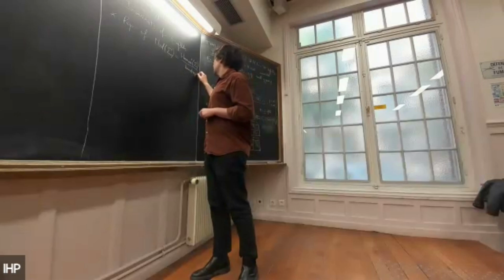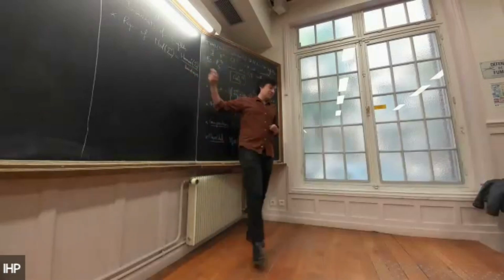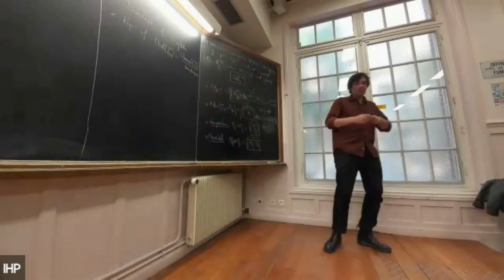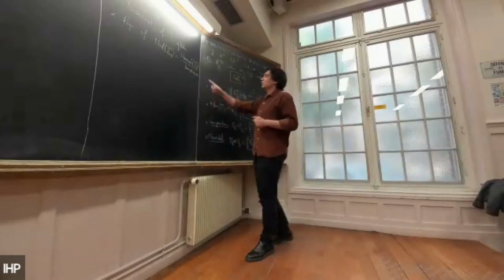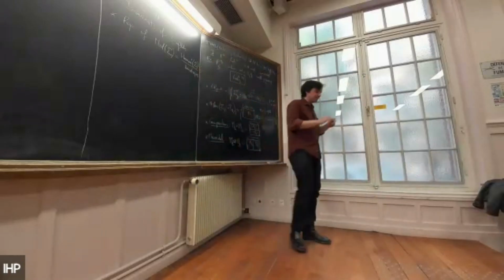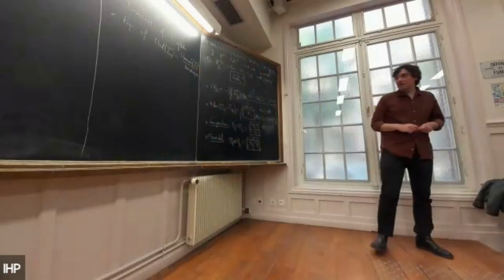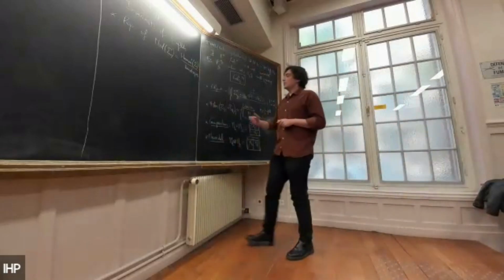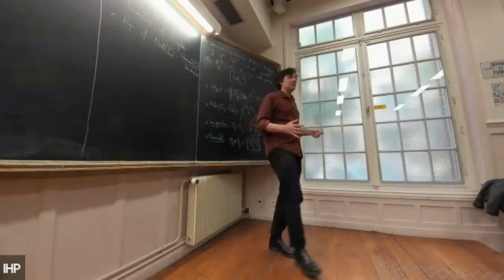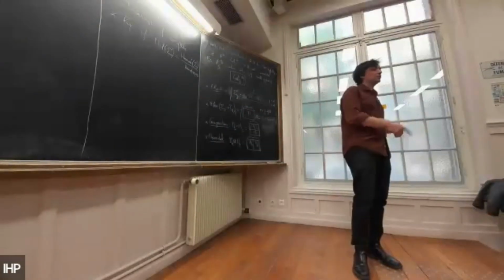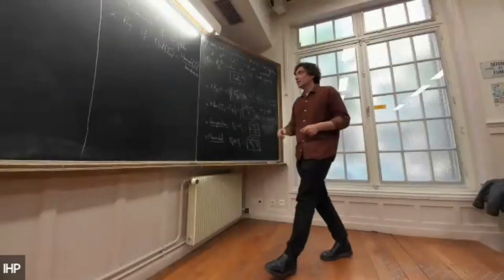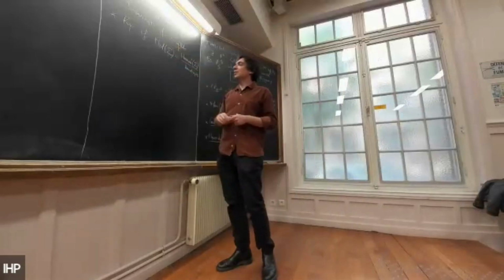You ask homeomorphisms to preserve your choice of orientation, and also to be the identity on the boundary. You take homotopy classes of such homeomorphisms, and you have a group structure given by composition. Okay, this is what is called the mapping class group.